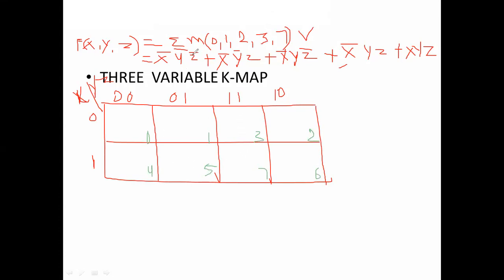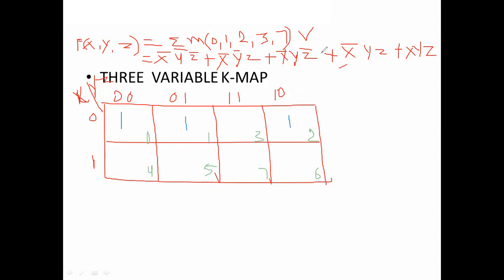Here we are taking the min terms, that is sum of products. That's why we are putting 1 in the corresponding term. Putting 1 for x bar, y bar, z bar, that is 0, so here we put 1. Next x bar, y bar, z, that is 1, the corresponding cell is this. Next x bar, y, z bar, that is 2, here we put 1.